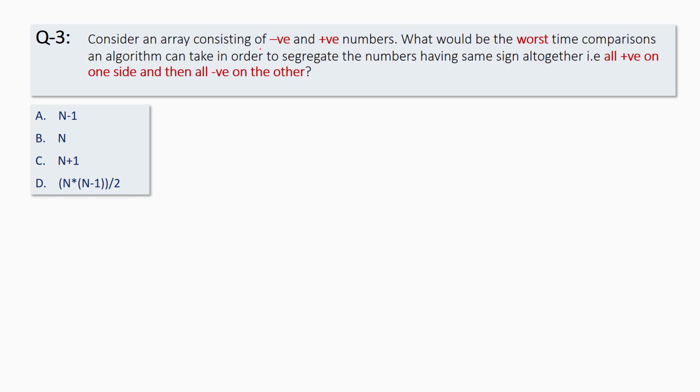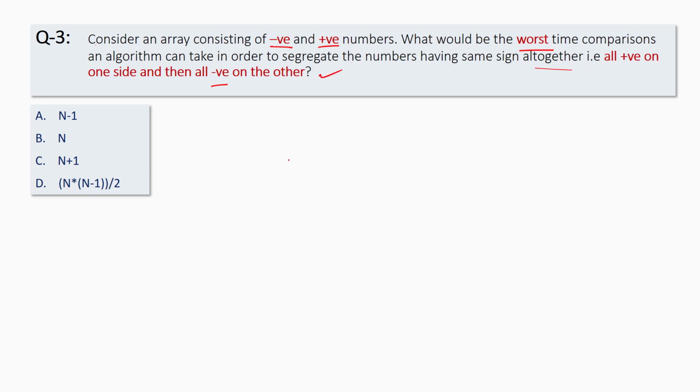Consider an array consisting of negative and positive numbers. What would be the worst time comparisons an algorithm can take in order to segregate the numbers having same sign altogether? That is, all positive on one side and then all negative on the other side.